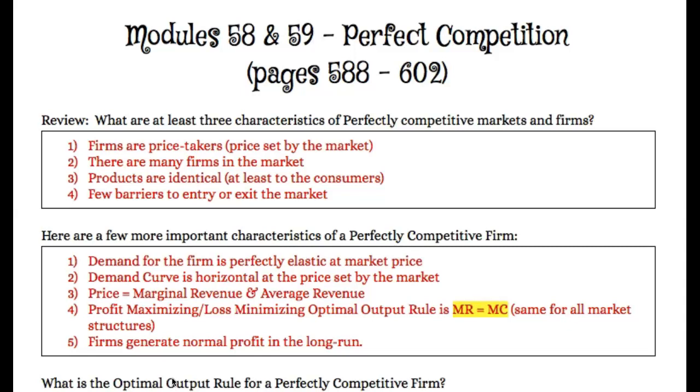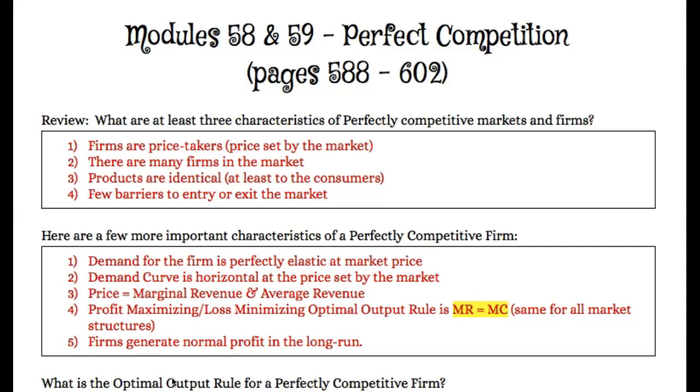And this has a lot to do with those low barriers to entry and exit in the market. If businesses are making a profit with their product, more businesses are going to join in, and that's ultimately going to drive the market supply up, driving price down.